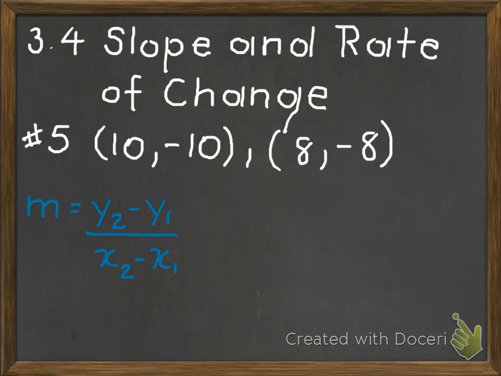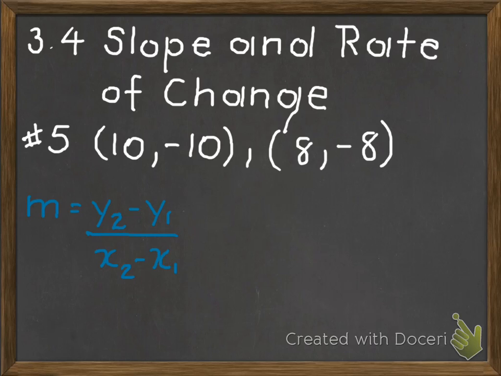Now, one way to find the slope of the line given 2 points on a line is to use the slope formula. And that formula is m equals y sub 2 minus y sub 1 over x sub 2 minus x sub 1. Now we can choose to designate 10 as either x sub 1 or x sub 2, and this minus 10 could be y sub 1 or y sub 2.